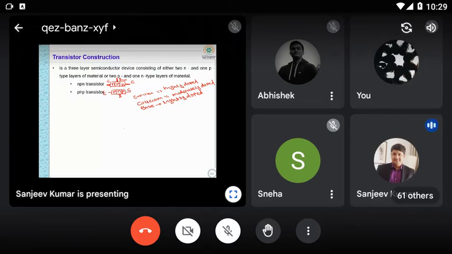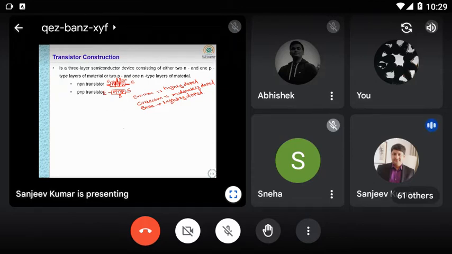You can see a barrier potential will be created here and here, because a PN junction is there. Depending upon biasing, this barrier will be controlled. So this is the path where electrons will flow from the emitter to the collector. By controlling the electrons or carriers, you can control the current.